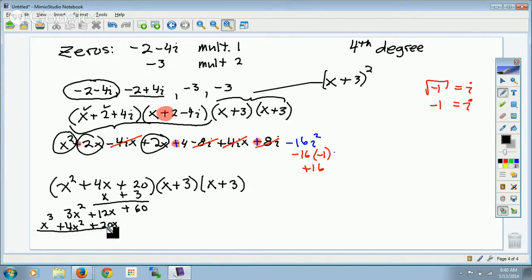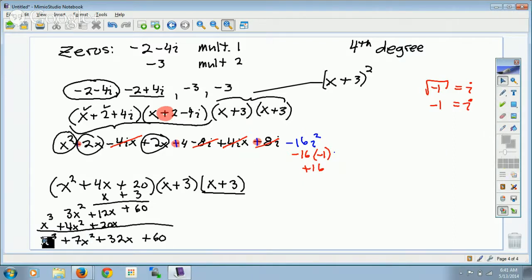And bringing this all together, I get x cubed plus 7x squared plus 32x plus 60. All right, so next I have to multiply this by the last x plus 3, and I'm going to do that on another page.